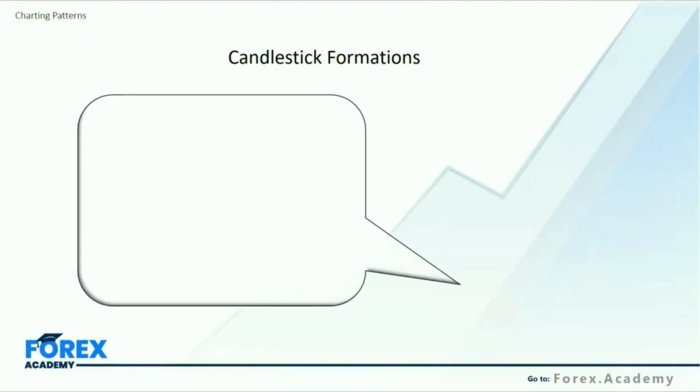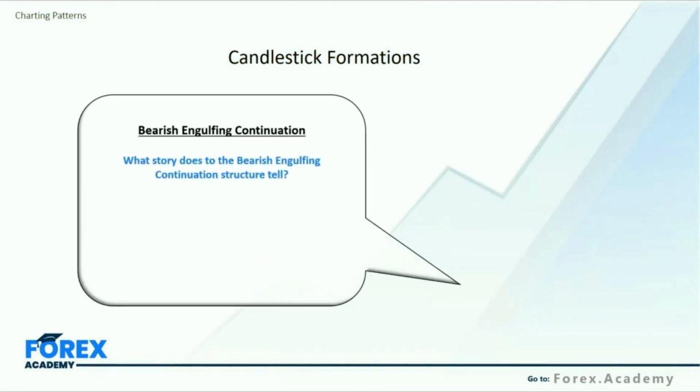For our first candlestick formation, we have a bearish engulfing continuation. So again, I pose the question, what story does the bearish engulfing continuation structure tell? So let's observe the market trade for just a moment.